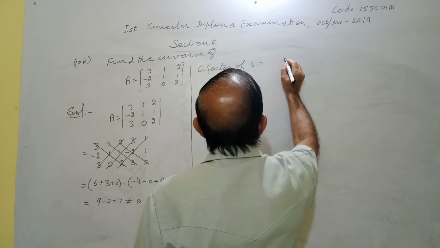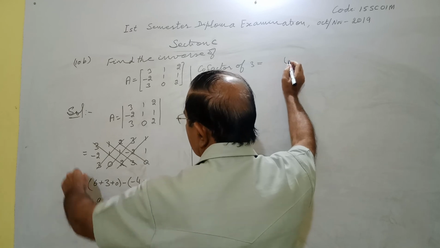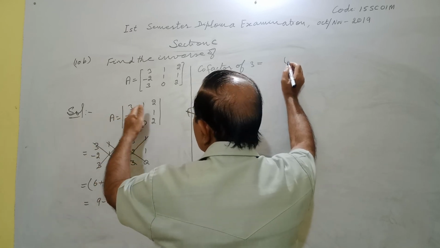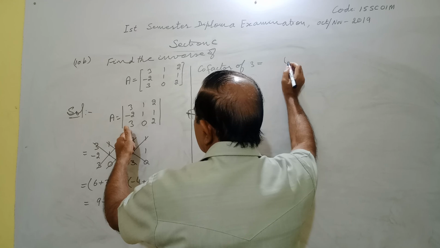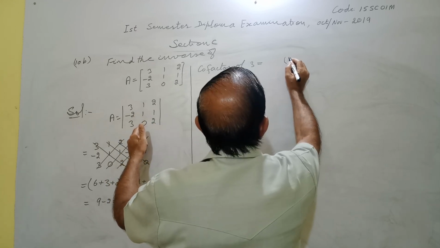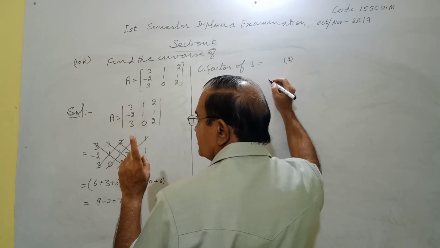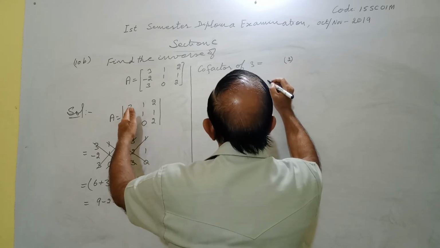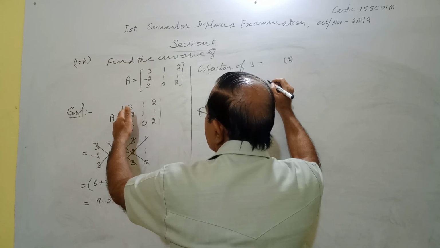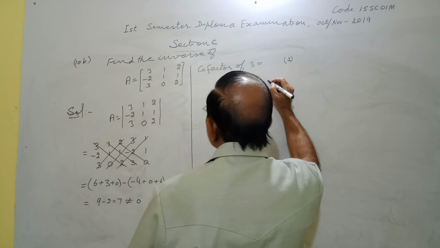Then write the entry, cut the row, cut the column. Open it like a determinant: 2 minus 0, that is 2. See once again, cofactor of 3, row and column, 2 and 0.